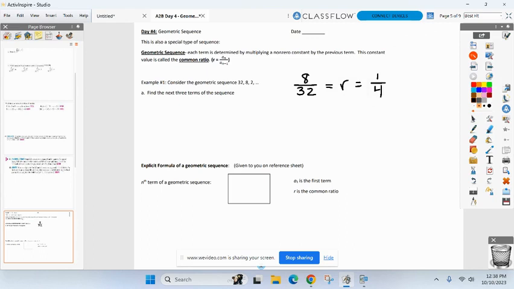So can you guys real quickly find the next 3 terms in my sequence now that we know I'm multiplying by 1/4? Multiply 2 by 1/4 and keep multiplying by 1/4 for me. You're going to get some fractions.